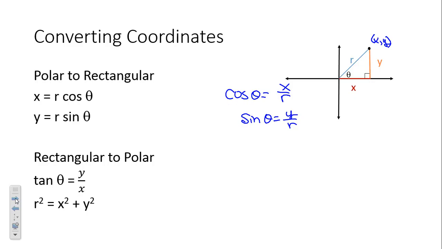Once you find that ratio, use second tan, and you get your angle back. And when I need the r, it's the hypotenuse of that right triangle. So x squared plus y squared equals r squared. So r will be the square root of x squared plus y squared.